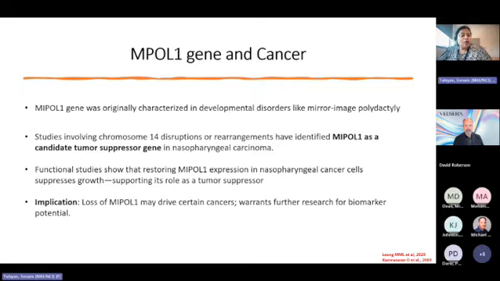Functional studies have also shown that restoring MIPOL1 expression in nasopharyngeal cancer cells suppresses growth, supporting its role as a tumor suppressor. Therefore, loss of this gene or mutations in this gene may drive certain cancers and may warrant further research for biomolecular potential, because I only found studies related to nasopharyngeal carcinoma for this gene.